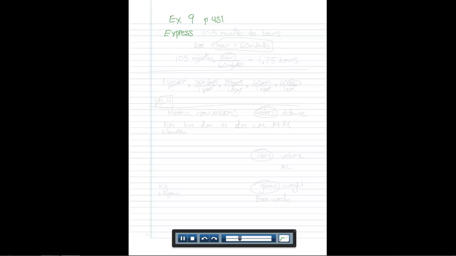So they want us to convert 105 minutes to hours. Maybe this would have been a better starting place, because I bet you've done a lot of conversions between minutes and hours in your past. If I've got 105 minutes and I want it in hours, you probably know if you divide or multiply by 60. In that one, I think more people know how to do it: hey, I divide.